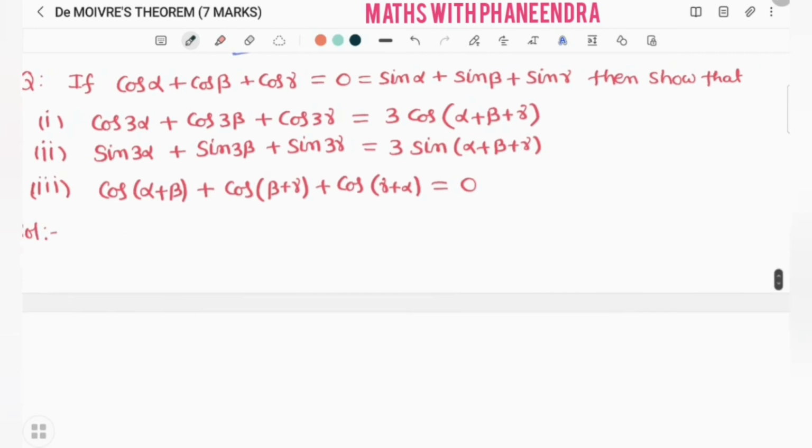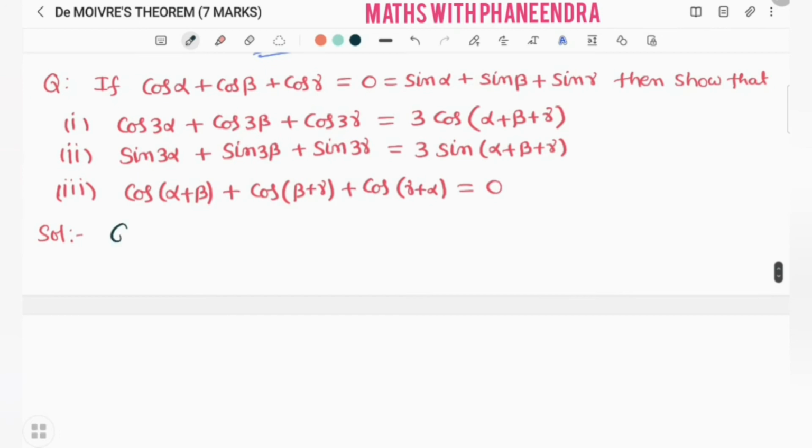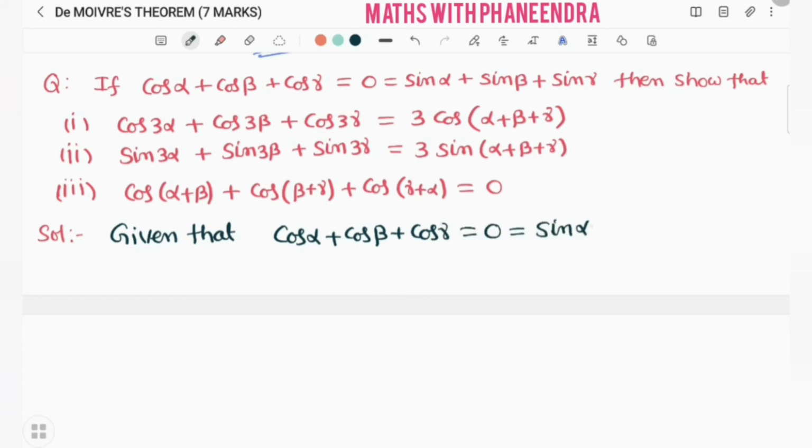To solve this problem, first condition is what? Given that cos alpha plus cos beta plus cos gamma is equal to 0, that is also equal to sin alpha plus sin beta plus sin gamma. Keep in mind.